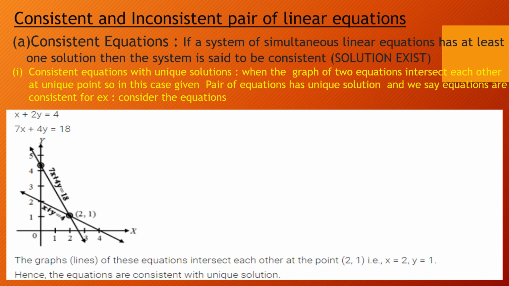Now let's discuss a new topic, consistent and inconsistent pair of linear equations. What is the meaning of consistent? Consistent means a solution exists. When our system of simultaneous linear equations has at least one solution, then we say the given system is consistent, because in that case a minimum of one solution exists.